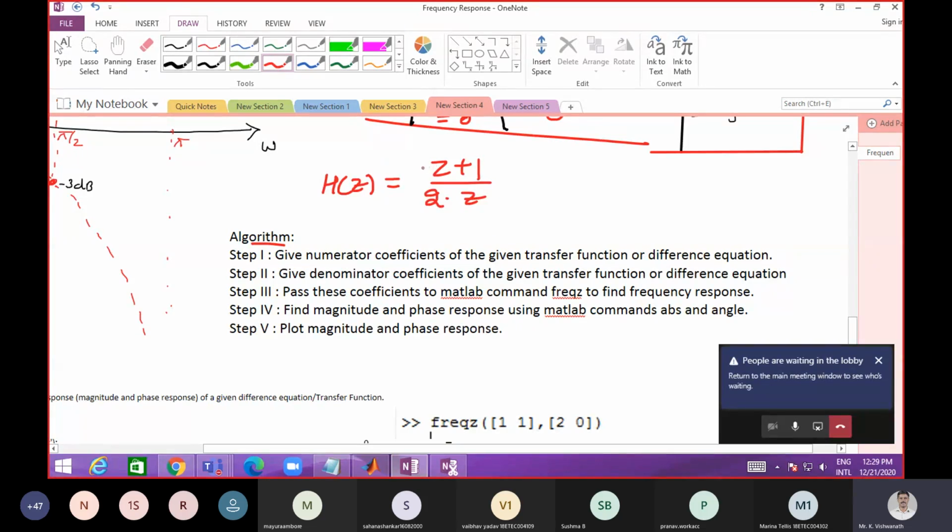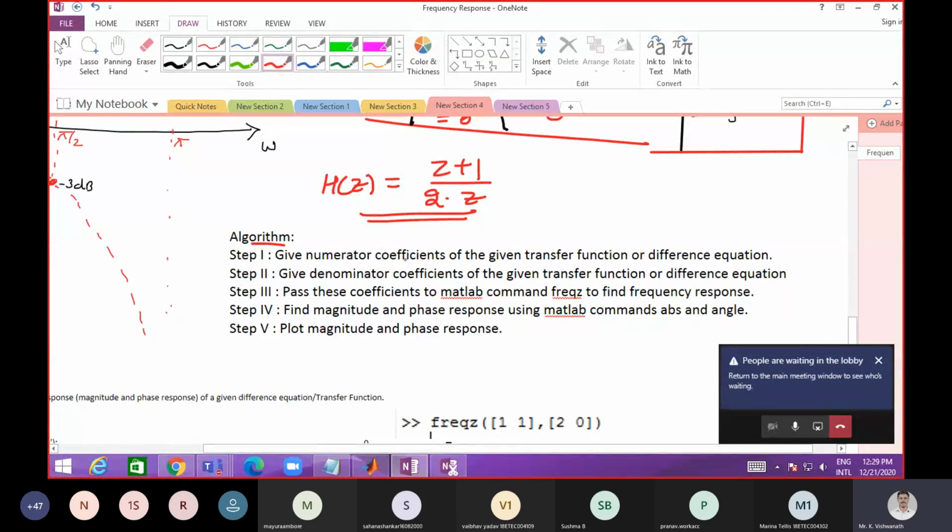The coefficients we have to feed in. So give the numerator coefficients of the given transfer function. If it is not given, we have to derive it, and we will get the numerator and denominator coefficients.